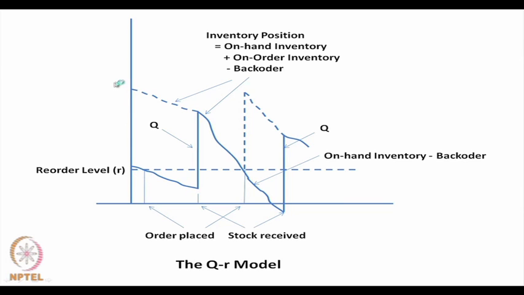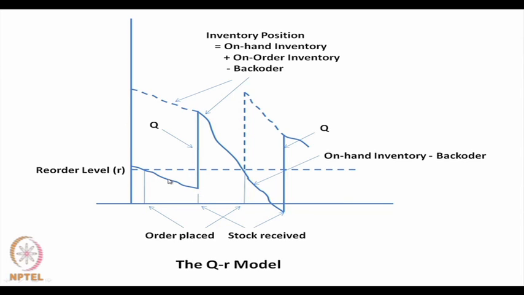The inventory line is falling, and somewhere here it reaches the reorder level, so we place an order Q. This is the lead time. The replenishment arrives after the lead time.